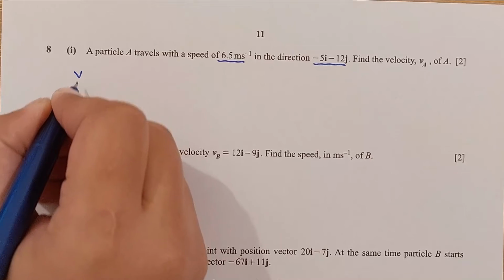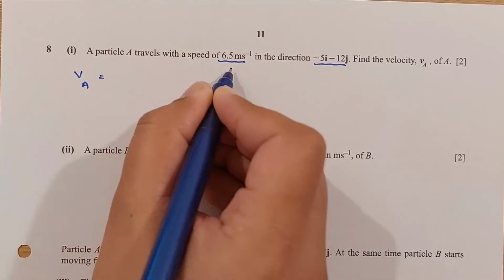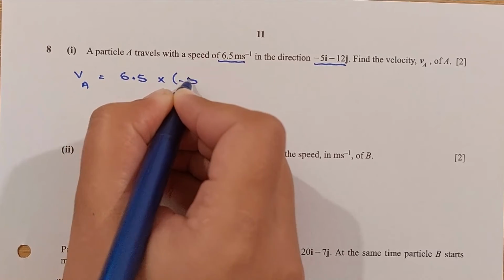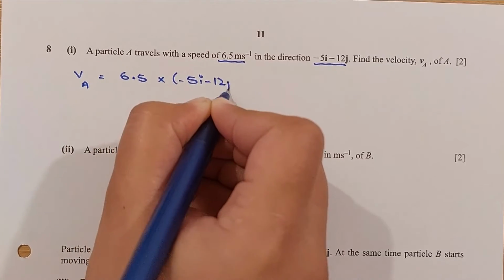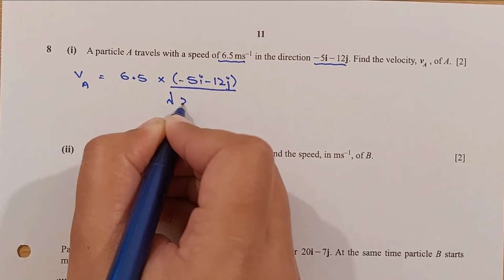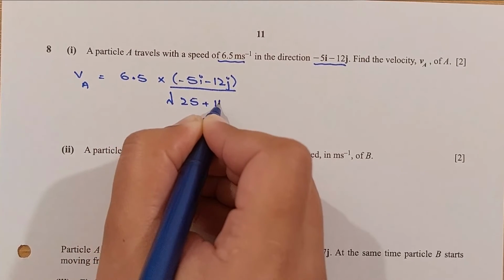Okay, so the velocity vector is equal to the speed, or magnitude, multiplied by the direction divided by the magnitude of the direction. 5 squared is 25 and 12 squared is 144.